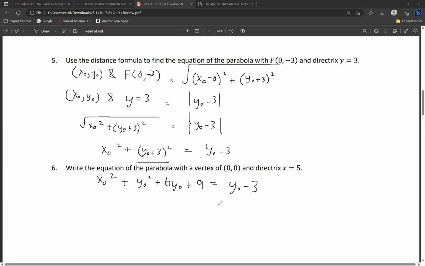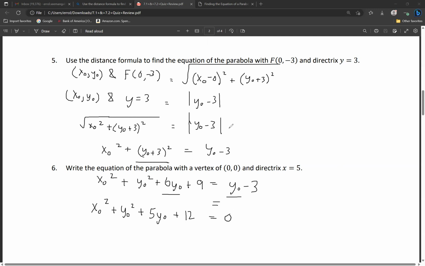Okay, now simplify it. x0 squared plus y0 squared. What is 6y0 minus 1y0? That's 5y0. And then plus 9 plus 3 would be plus 12 equals 0.